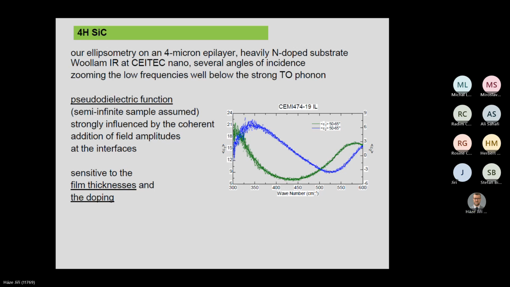The information contained in this is actually first the layer thickness, and second also the concentration of free carriers in the layer and the substrate.